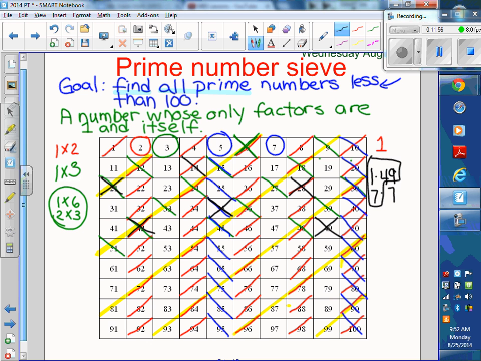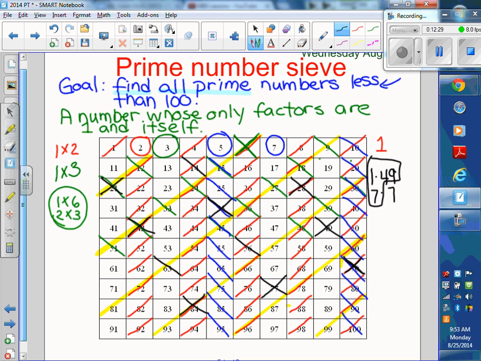7 times 8 is 56. So I went from 49 to 56. 7 times 9 is 63. And then 7 times 10 is 70. 7 times 11 is 77. 7 times 12 is 84. 7 times 13, that's a tricky one.